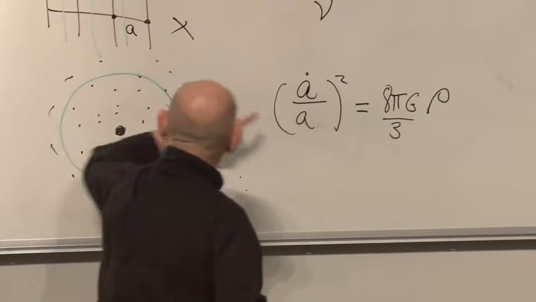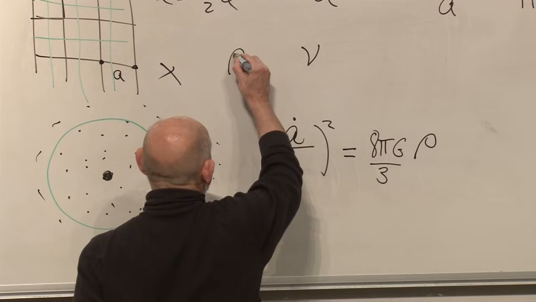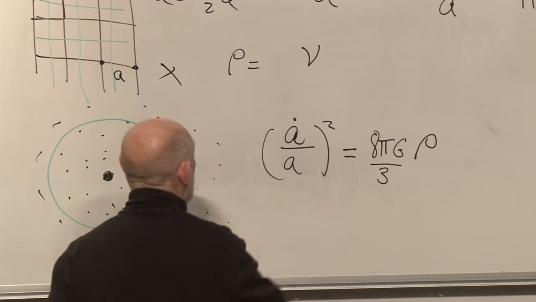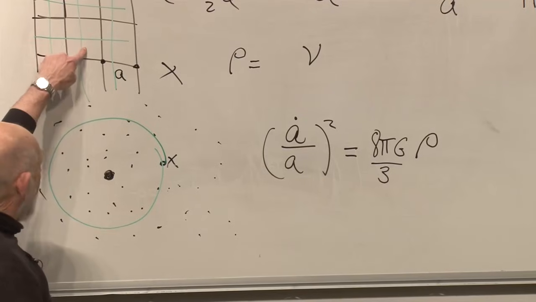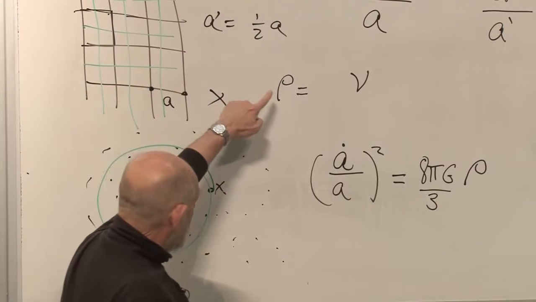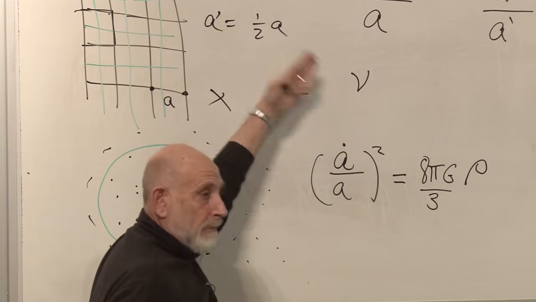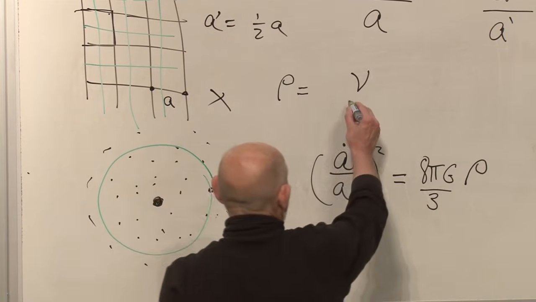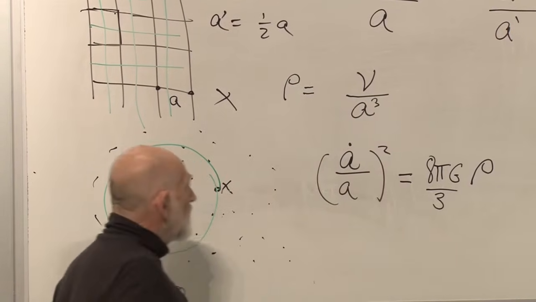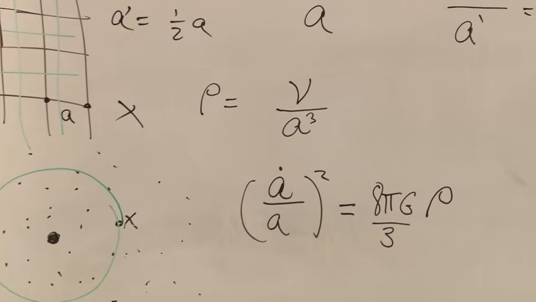This is the mass within one cube. If you want the density, then the density is related to nu by dividing nu by the volume of one of these boxes. This is density per cubic meter. This is per cubic box. You divide that by the volume of a box, which is a cubed, and that's one more fact that we put in, that rho is nu divided by a cubed.